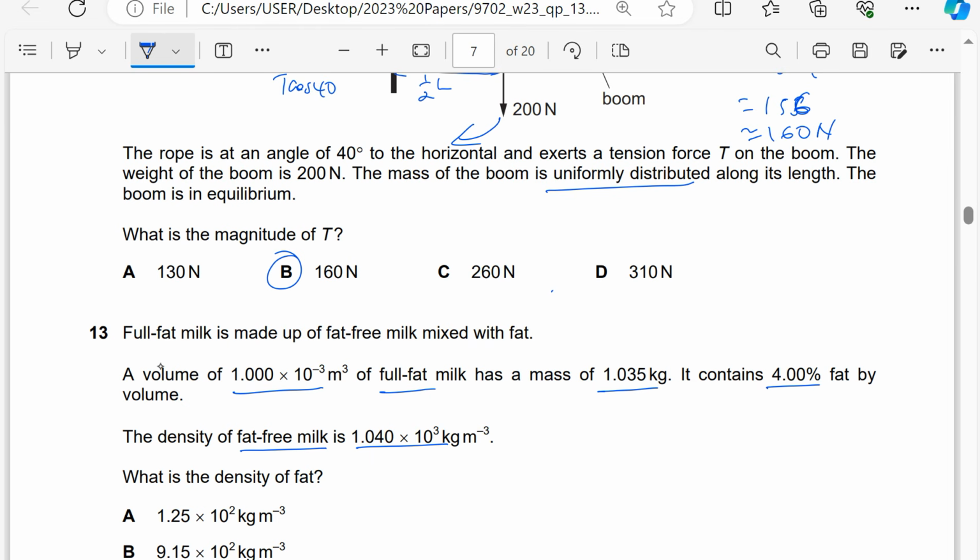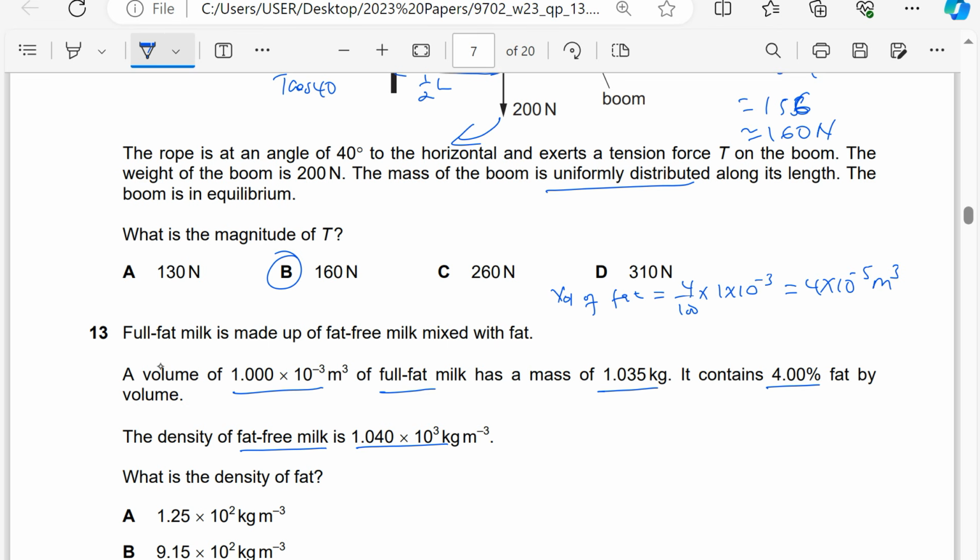Okay, so let me begin by calculating the volume of fat. If it contains 4% fat by volume, it means the volume of fat is 4 over 100 times the total volume, which is 1 times 10 to the power of minus 3, which is 4 times 10 to the power of minus 5 meters cubed. That is the volume of fat.